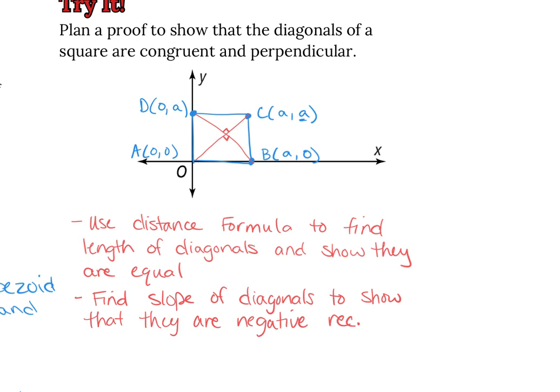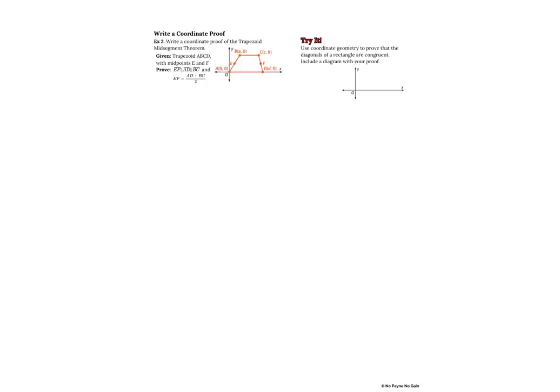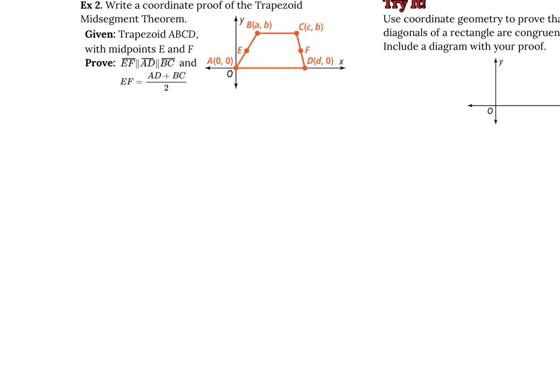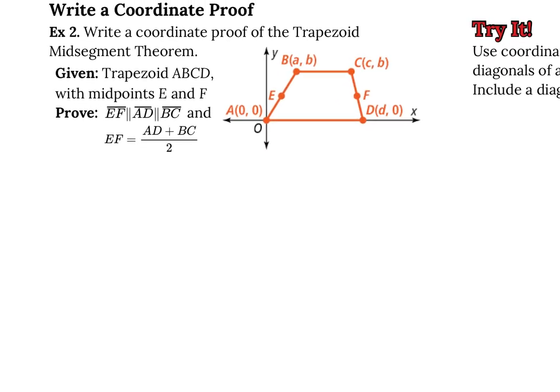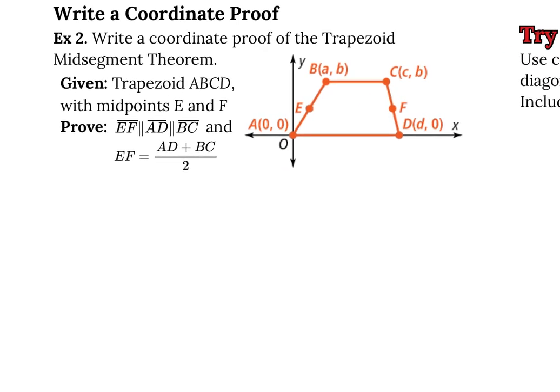All right, example 2. We want to write a coordinate proof for the trapezoid midsegment theorem. All right, so we kind of started pre-planning this in example 1.